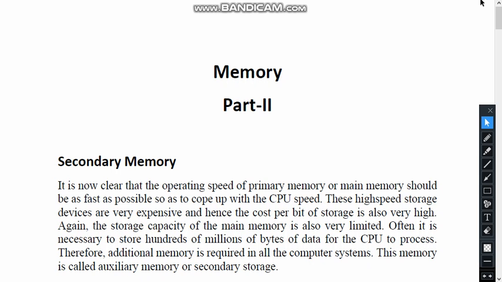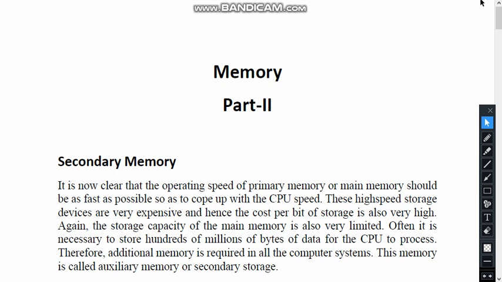In today's lecture, I am going to discuss about the secondary memory. In my last class, I have discussed about the memory and its types. So basically, memory is a storage area where we store data and instruction. Memory is of three types: primary memory, secondary memory, and the cache memory.